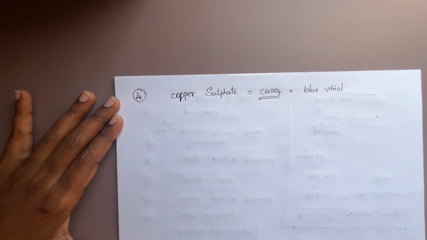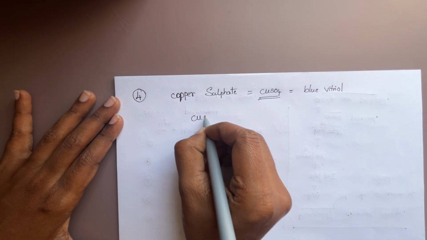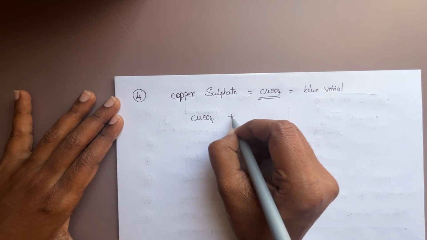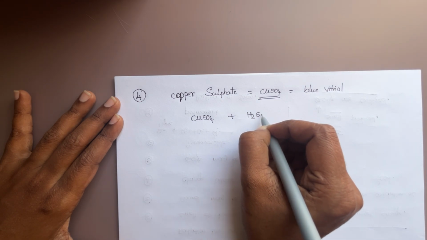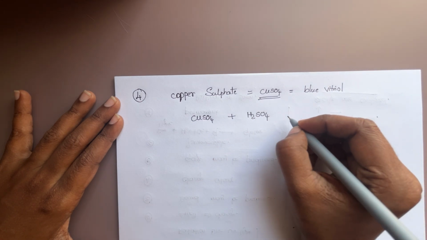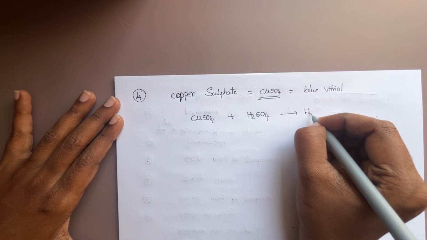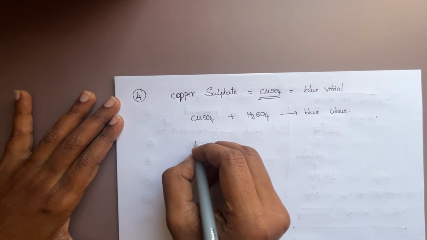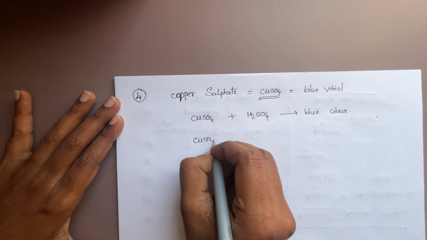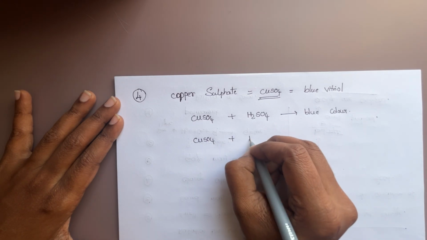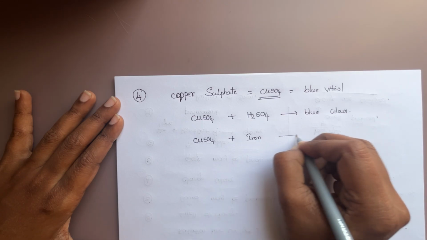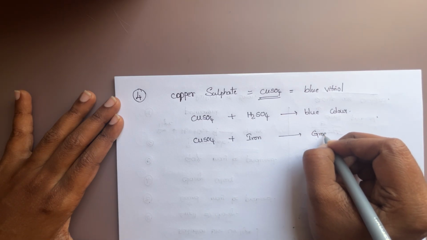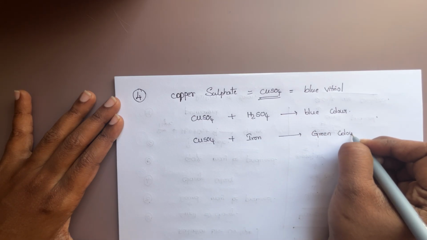Copper sulfate, when dissolved in sulfuric acid, that is H2SO4, gives a blue color. Copper sulfate reacts with iron particles and produces a green color. Why green color?